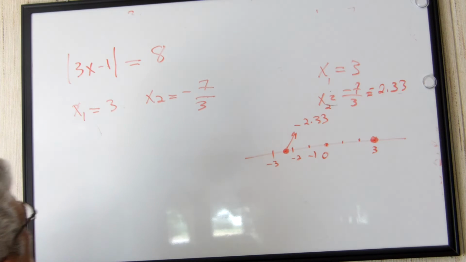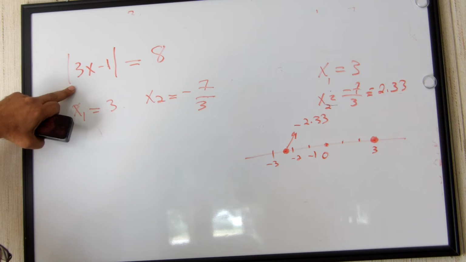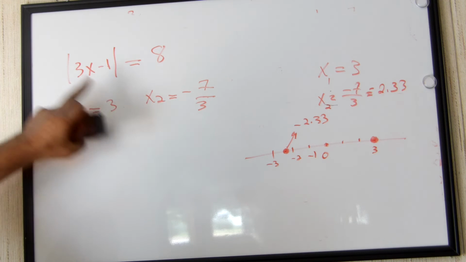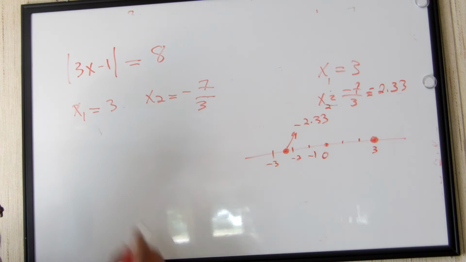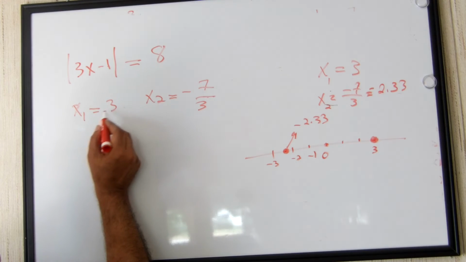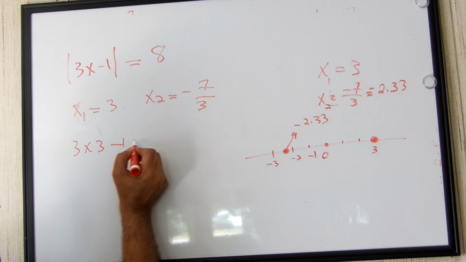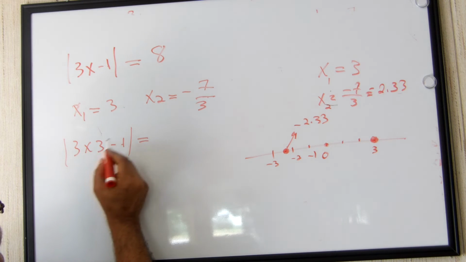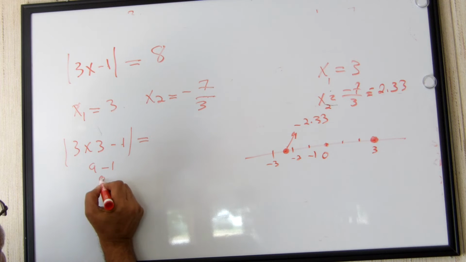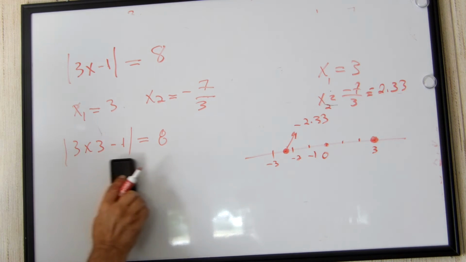We are going to verify that by putting the value here, to see if it's going to be equal to 8. If you put x here, it's 3 times 3 minus 1. This is going to be 9 minus 1, which is 8. So 8 is here. That's correct for the first one.